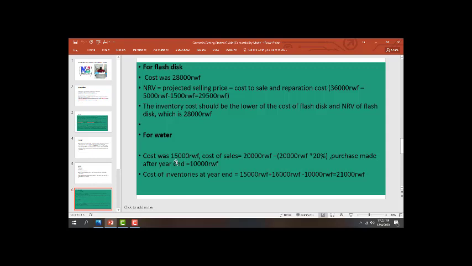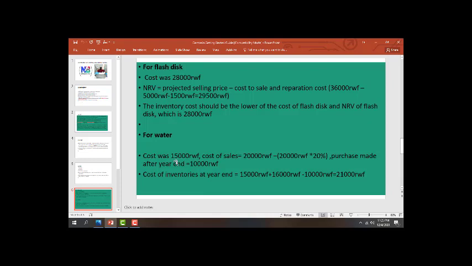For the second item, the flash disk cost was 28,200 francs. Net realizable value, as I said before, is projected selling price minus cost to sell and repair cost. Remember, in the example provided, the flash disk was damaged due to an unexpected accident.